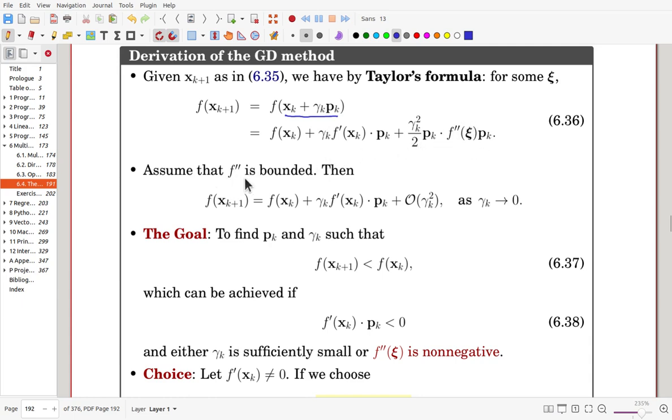Now, once we assume the second derivative, the Hessian, is bounded, then we can write it in this way. The goal is that this term must be smaller than that term, so that the value is descending.